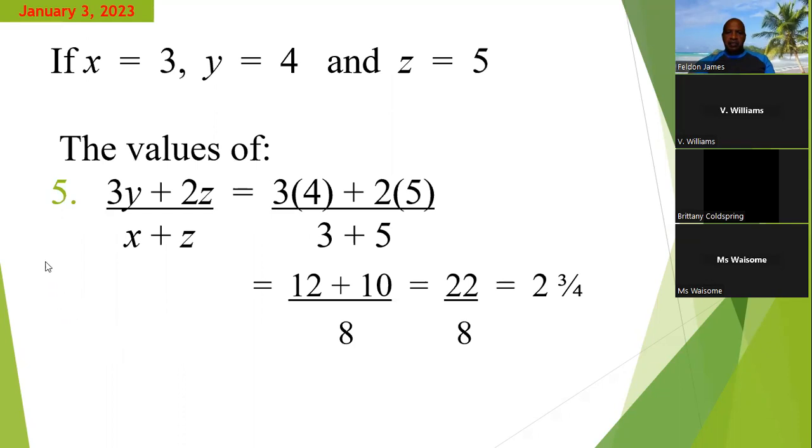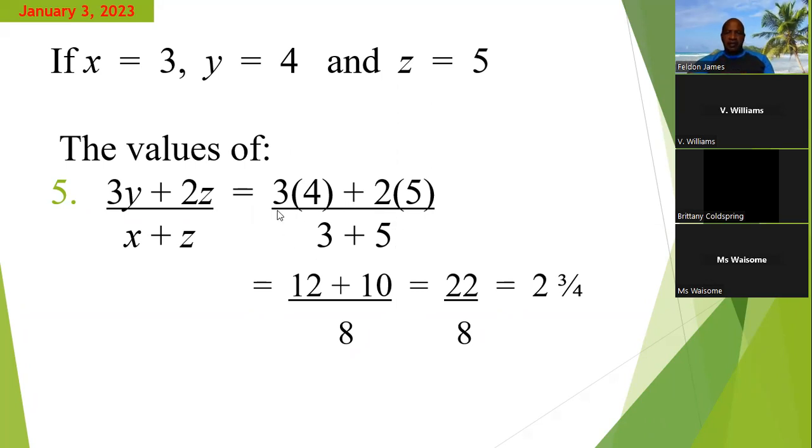All right, so here again, another expression in the form of a fraction. So here we have 3y plus 2z in the numerator divided by x plus z in the denominator. So replacing y with 4 and z with 5, x with 3, in the numerator we get 3 times 4 plus 2 times 5 divided by 3 plus 5.